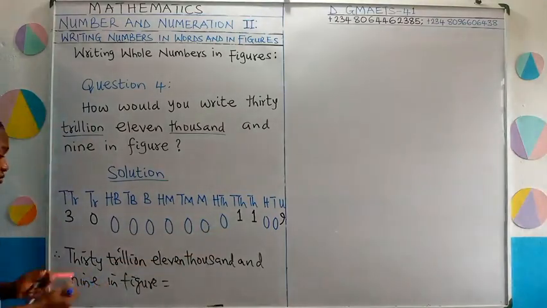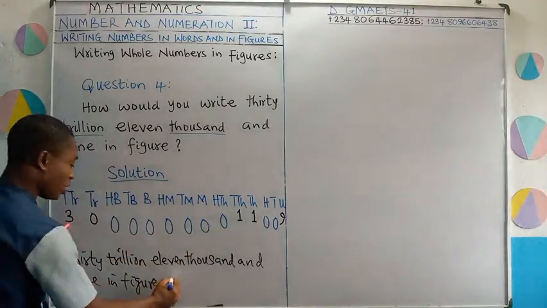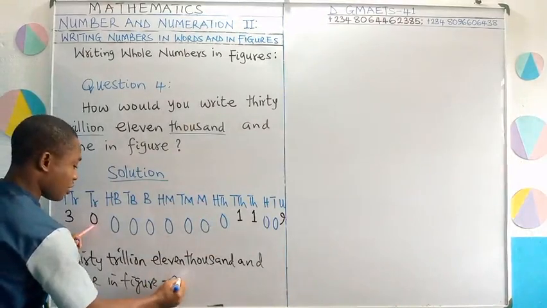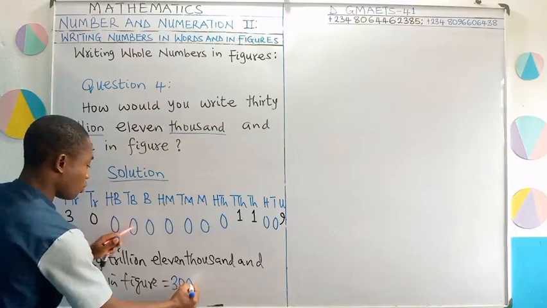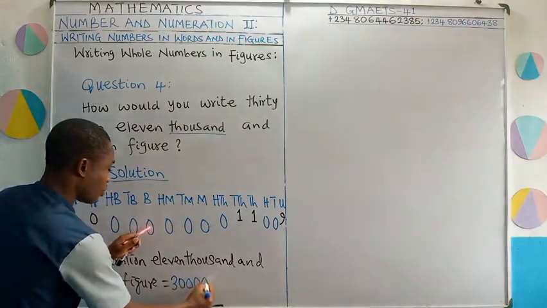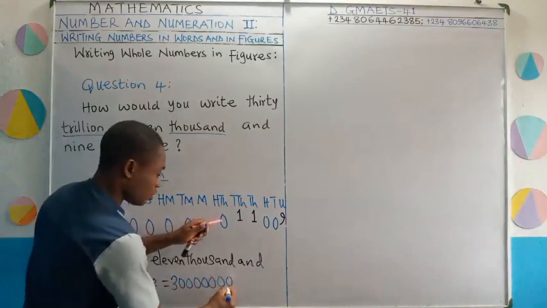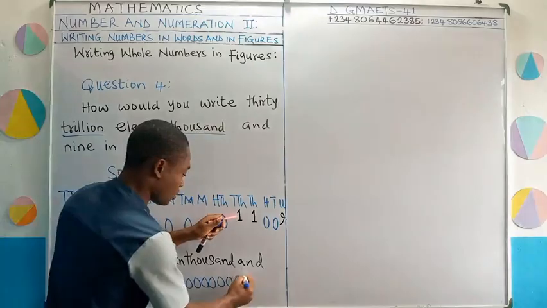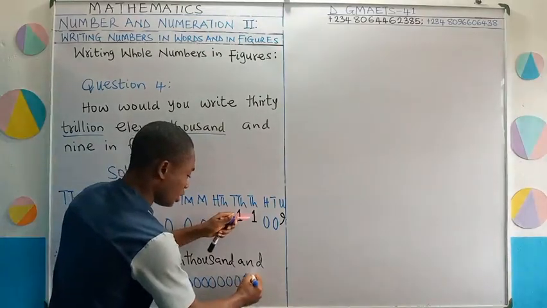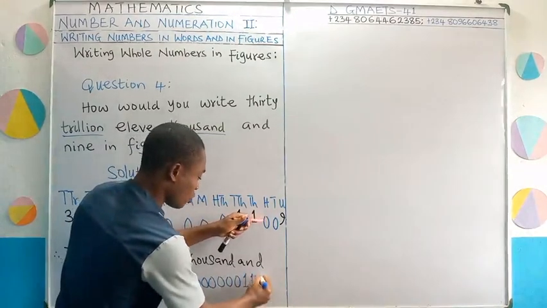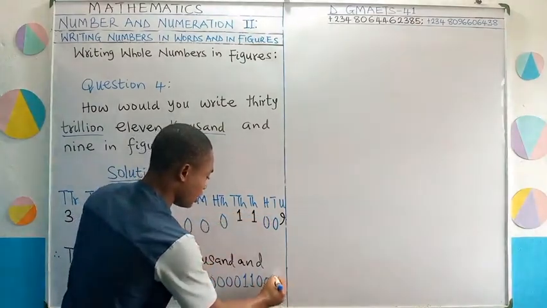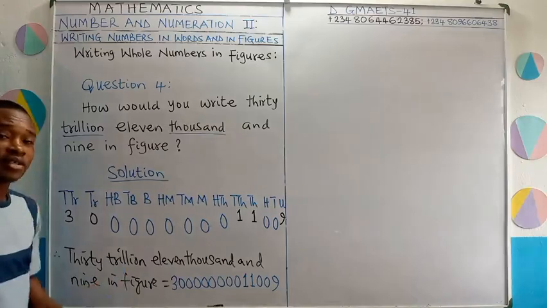I'll be careful so I don't make a mistake. First we have 3 there, so this is 3. Next is 0. We have 0, we have 0, we have 0, we have 0, we have 0. Moving on, 0, oh my god, too many zeros. But we didn't have a choice. 1, 1. Keep fixing whatever we have there. 0, 0, and 9. That's the number.